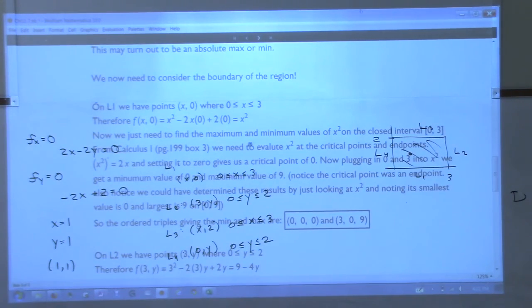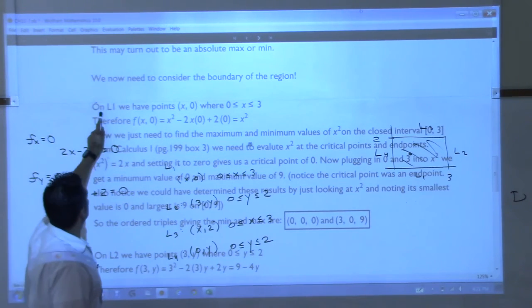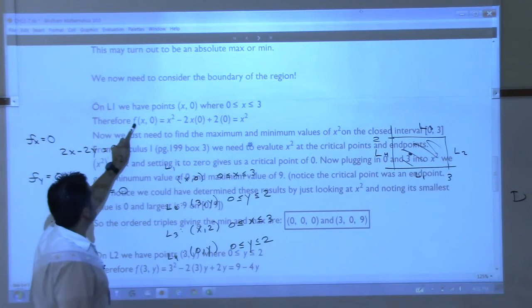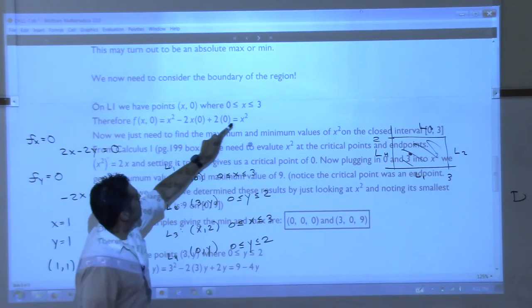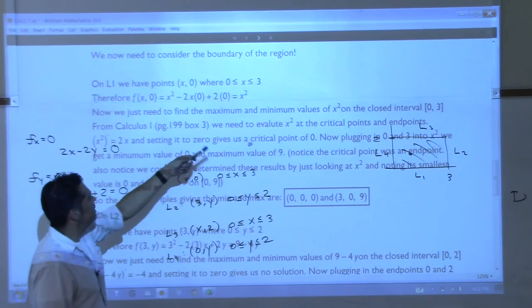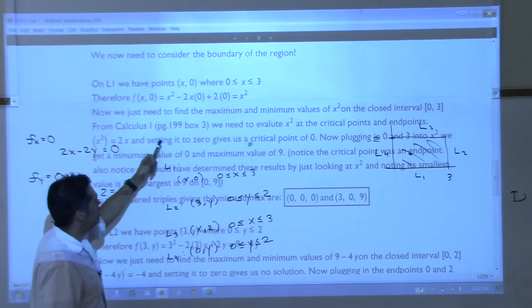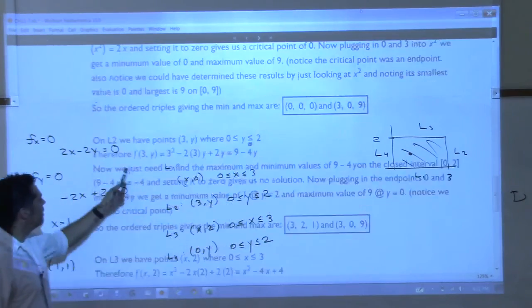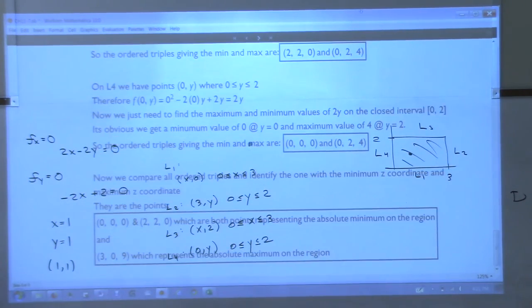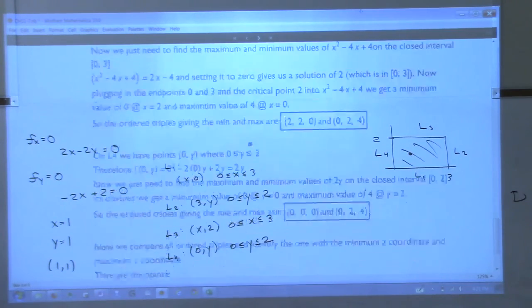On L1, we have points (x, 0) where x is between 0 and 3. Therefore, when we plug it into the function, we get this parabola. And then we do the Calc 1 thing: take the derivative, set it to 0, and I do that for each of the L1, 2, 3, and 4. So I think I'll let you mess with that.